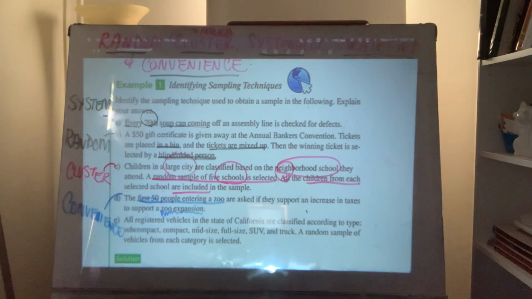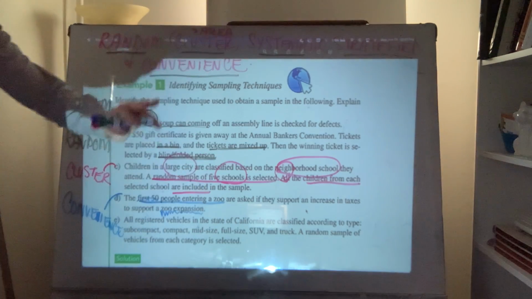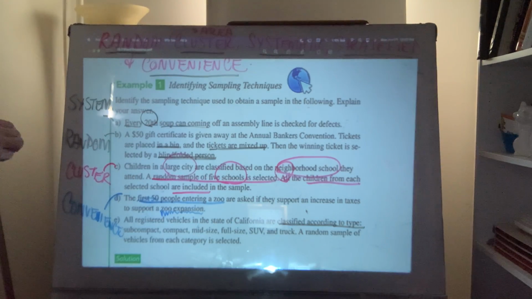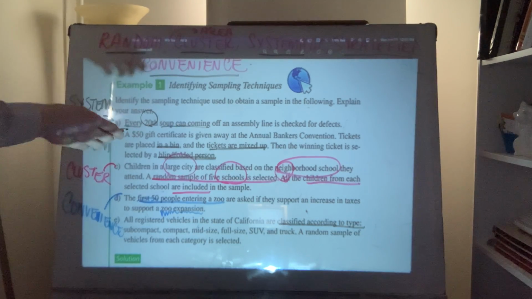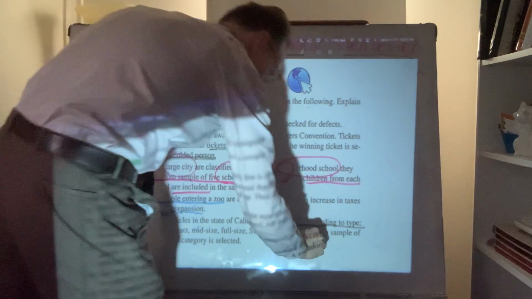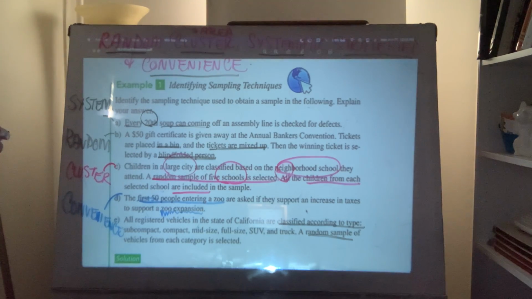Last one here. All registered vehicles in the state of California are classified according to type. Here's a key phrase: classified according to type. Subcompact, compact, mid-size, full-size, SUV, and truck. A random sample of vehicles from each category is selected.